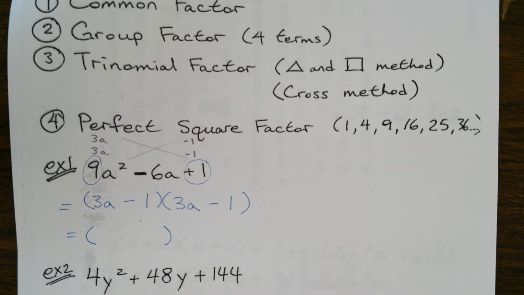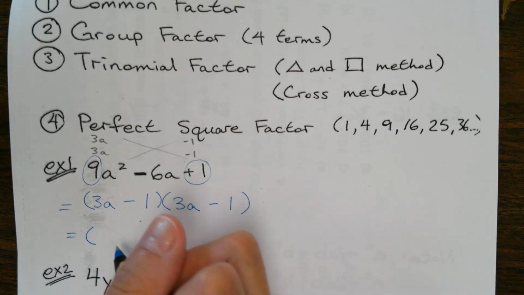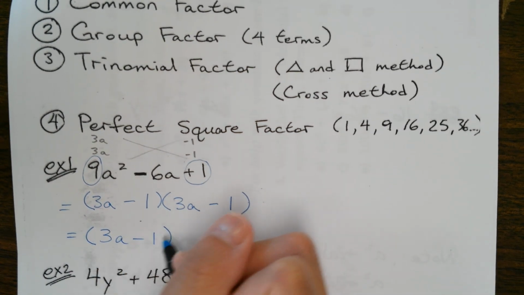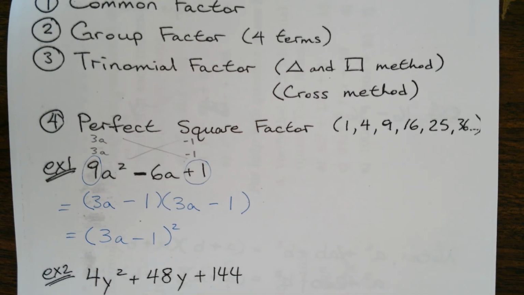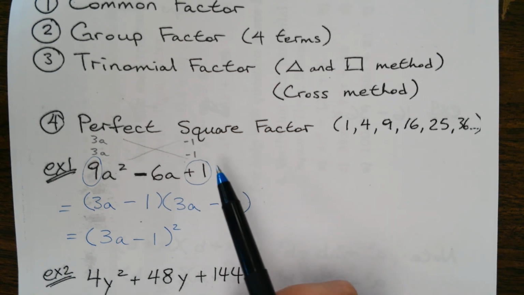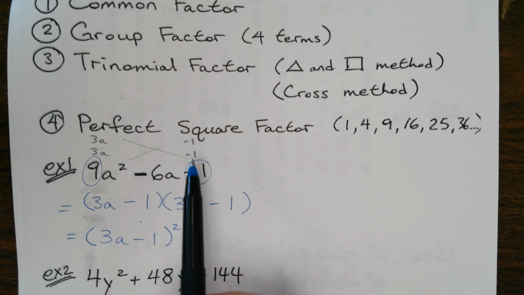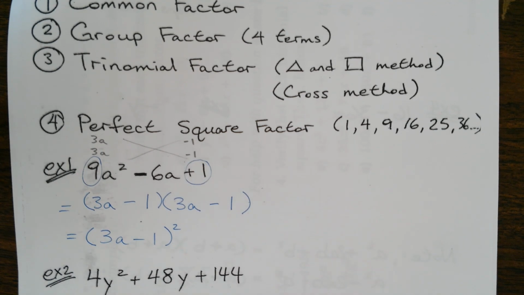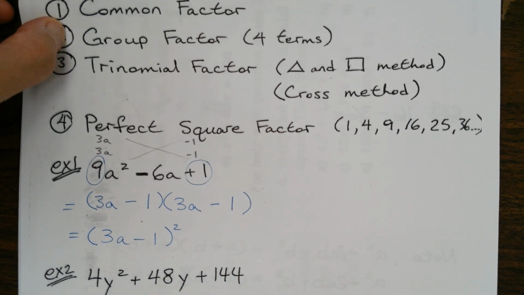If I want to factor it fully, what's my fully factored answer? 3a minus 1 squared. Perfect. So if it's a perfect square factor, you can see it's nice and easy to get my 2 numbers. It's basically split.